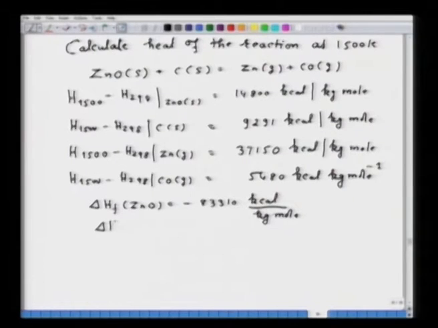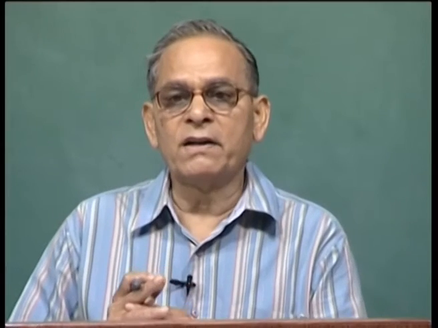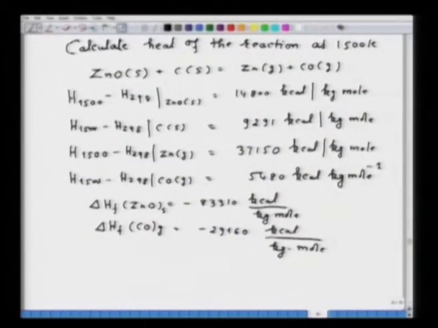Delta HF of CO in the gaseous state is equal to minus 29,160 kilocalorie per kg mole. So, you see, in calculating the heat effects, you have to collect a large number of values, and it is very important that you collect the right values in the right state. That is important.